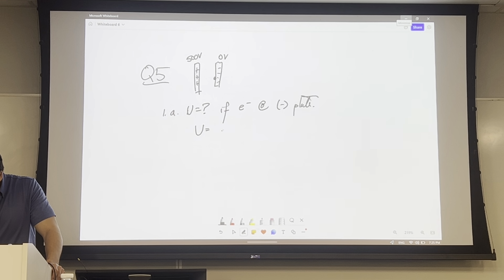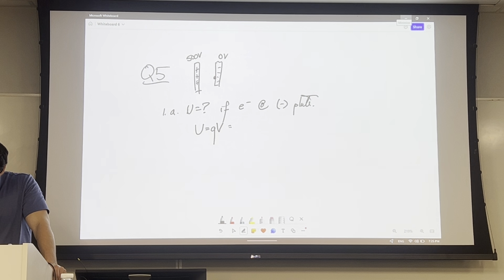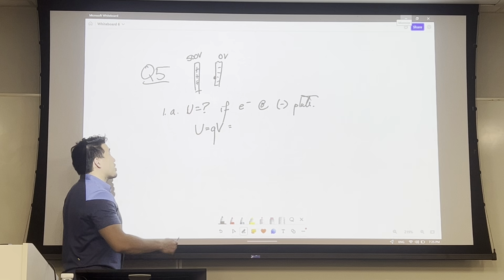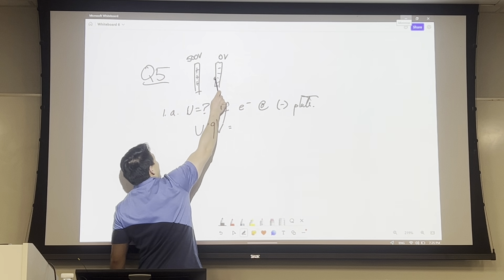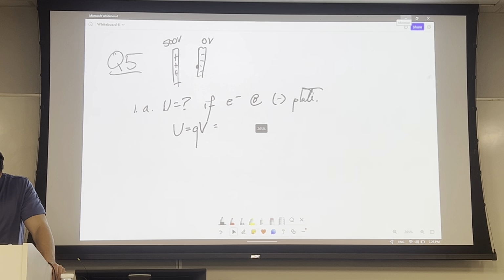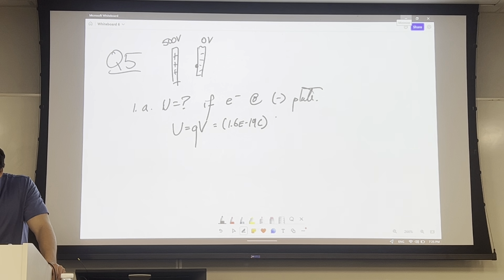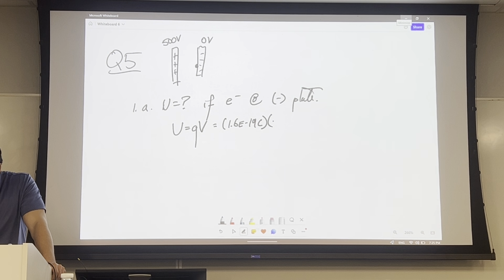And so U is equal to Q times V. This electron will traverse the full 500 volts. So it will be 1.6 times 10 to the negative 19 coulombs times the voltage difference. Here the charge is negative, and the change in voltage would be negative 500 volts. So it's 8 times 10 to the negative 17 joules.